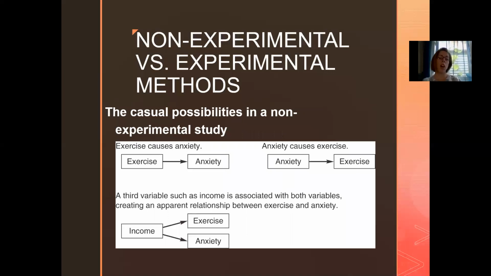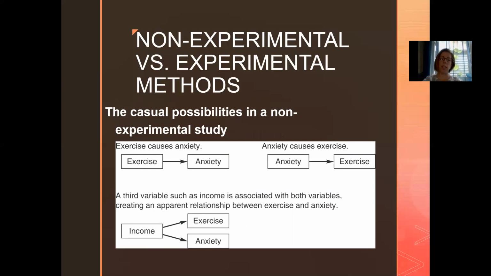So in a non-experimental study, like what we're going to be doing, because we can't look at cause, we don't know the directionality of the relationship. One of these examples is that there's a relationship between exercise and anxiety. So higher rates of exercise, lower rates of anxiety?